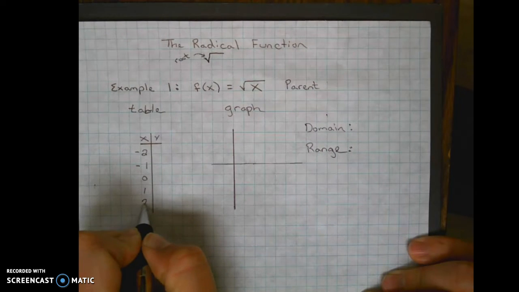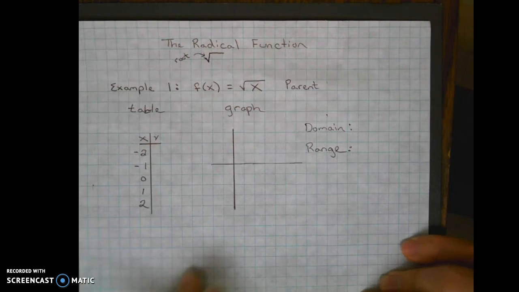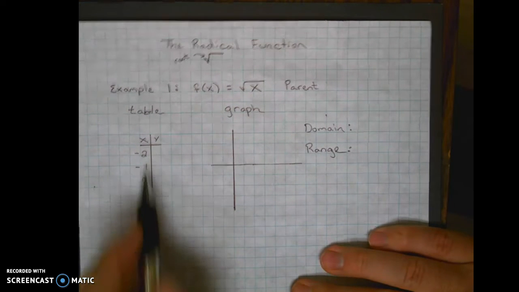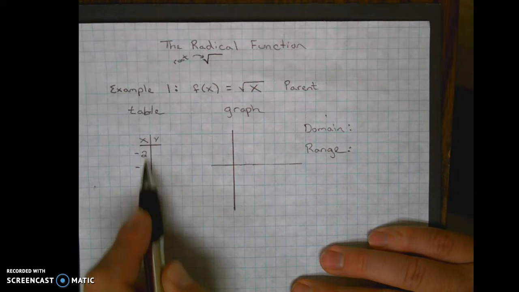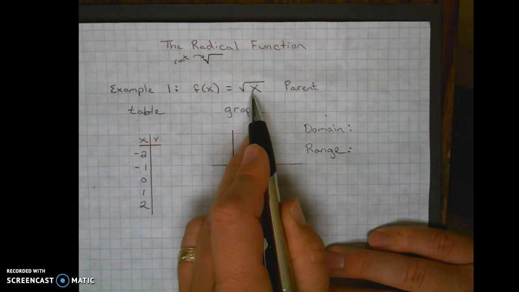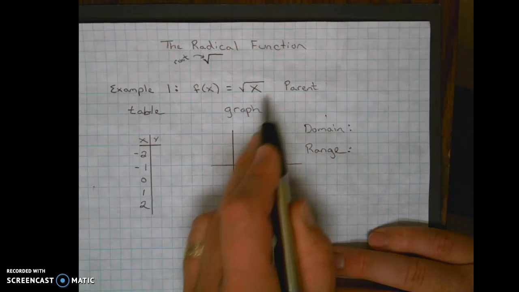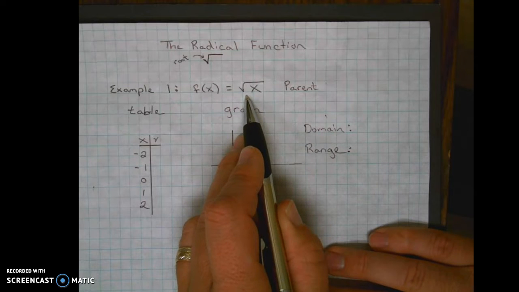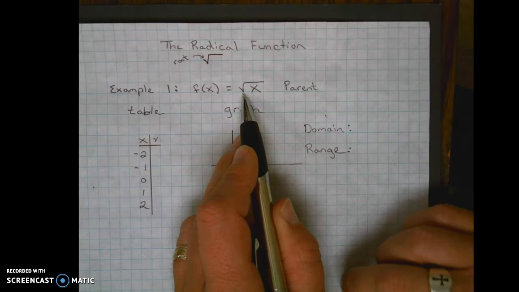And some positive numbers. And remember that when we choose these numbers, we're actually choosing numbers that we're going to be plugging into the function for x. So you have to do some thinking here.